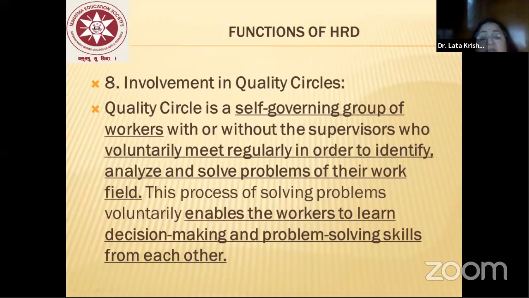It's an important function because when a business organization has quality circles as part of its human resource development function, it enables the workers to learn, it helps in decision making and problem solving skills, and it helps not just the employees but the business organization at large.